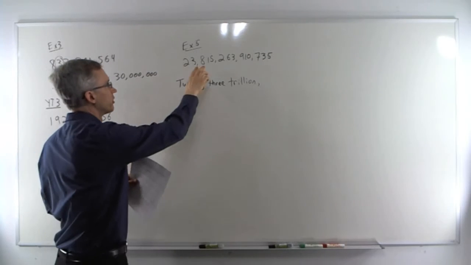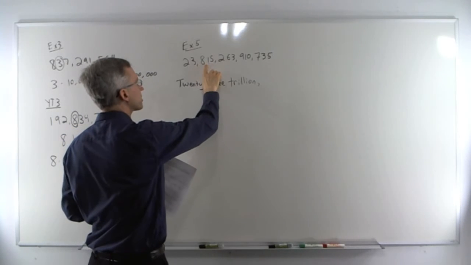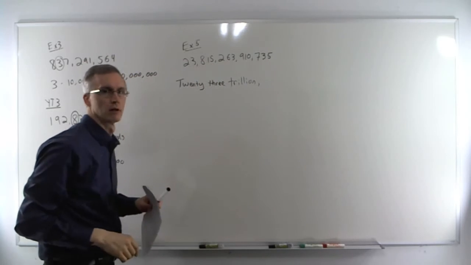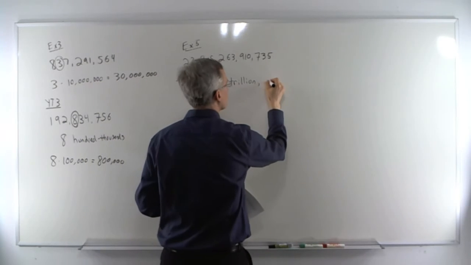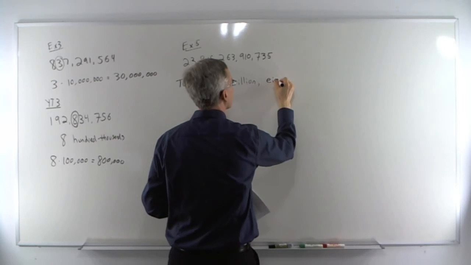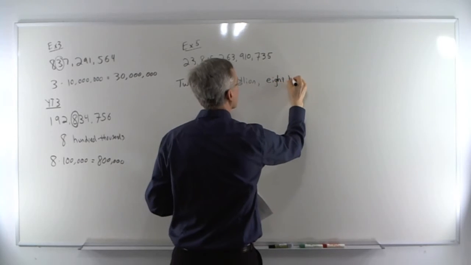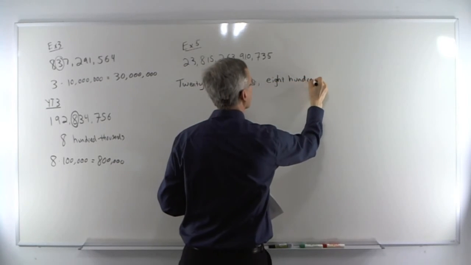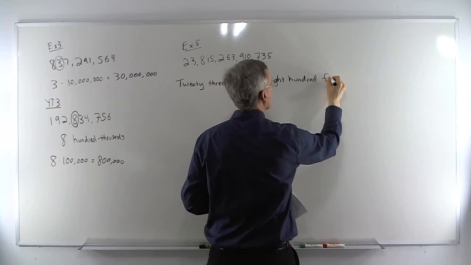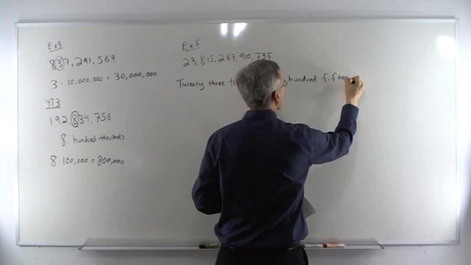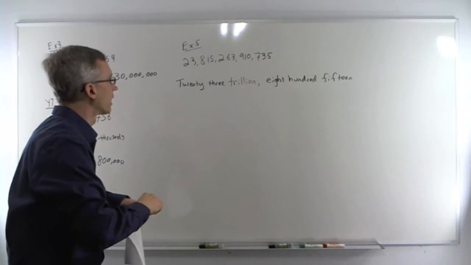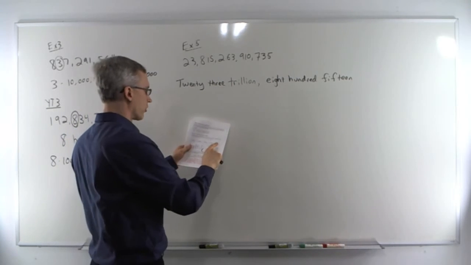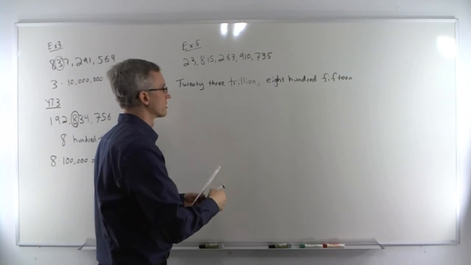Now we'll move on to the next group. We'll write this 3-digit number as a word name. It's 815. Which group is this? It's the 4th one over, 1, 2, 3, 4, that's billions.